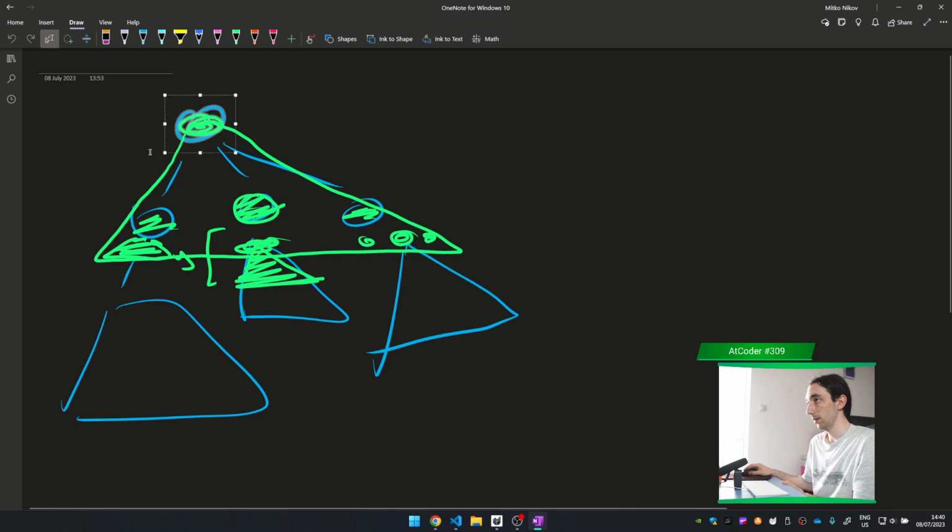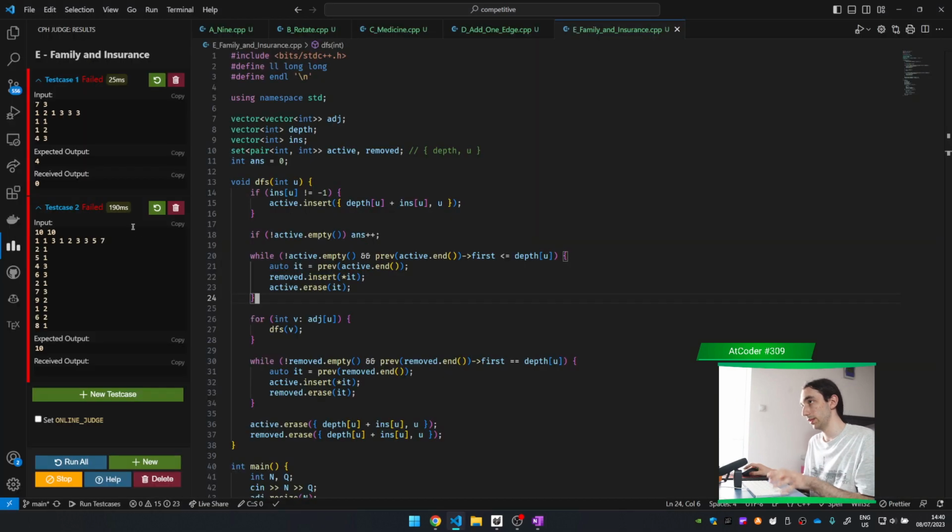When you come to the next node, what is the longest depth you need to assure for? So this is the idea. What is the longest depth?